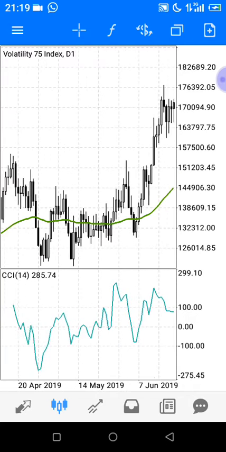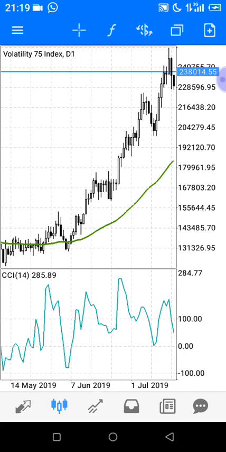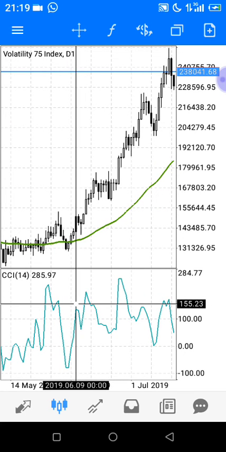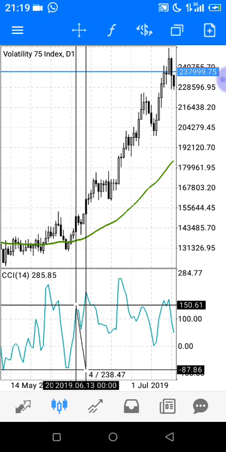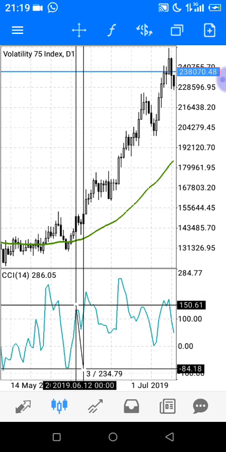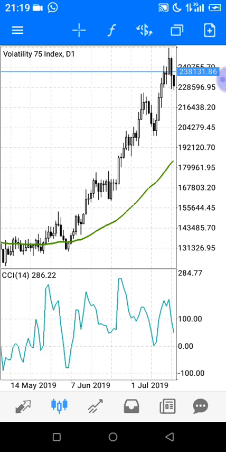V75. Yeah, it's ready. Okay, so the buy on V75 that went really up there, you can see that if you are using this strategy, you could have noticed it. I know a lot of people can remember the day V75 really started to shoot up and up and up.